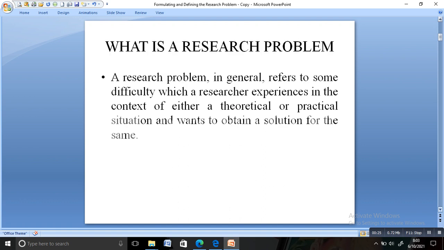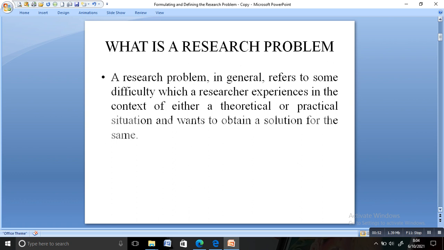A research problem is a difficulty which a researcher experiences in context of a theoretical or practical situation and wants to obtain a solution for the same. Now you are a researcher and I am also a researcher, and at this juncture I am facing a difficulty.